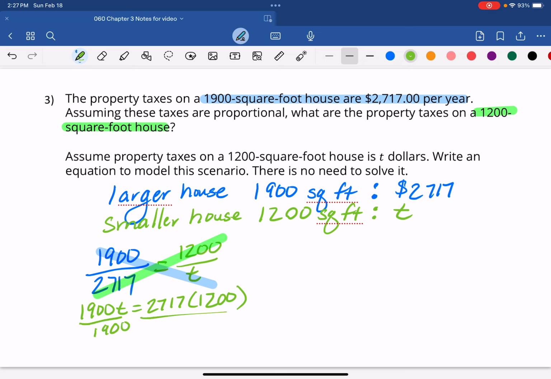So I'm going to go ahead and put that in a calculator. So we're going to go ahead and do 2,719 times 1,200 divided by 1,900, and we'll get 1,716.